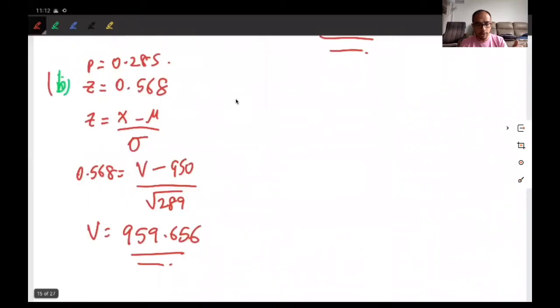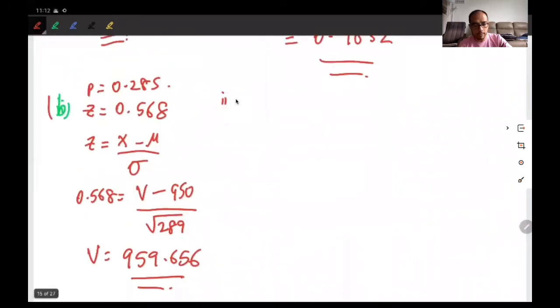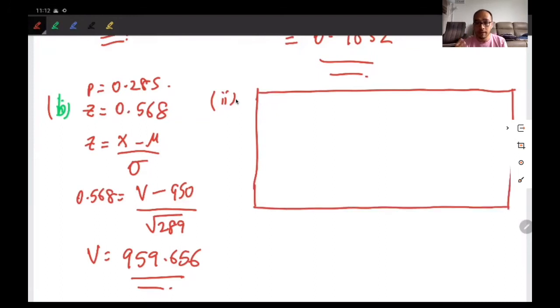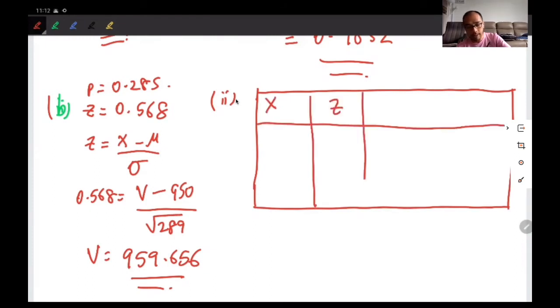Those of you who don't know what I'm talking about with left to right, in my class I usually teach it, but not everybody follows because everybody has their own method, which is totally fine. I use my teacher friend Cikgu Jamalia's method. She teaches like this: the X value is over here, then you convert to the Z value, then you have this, and finally the probability.